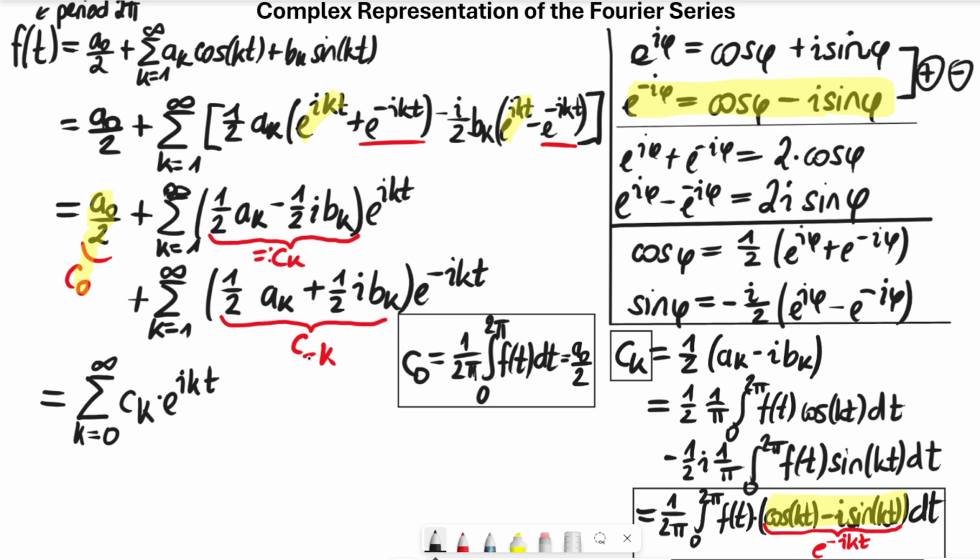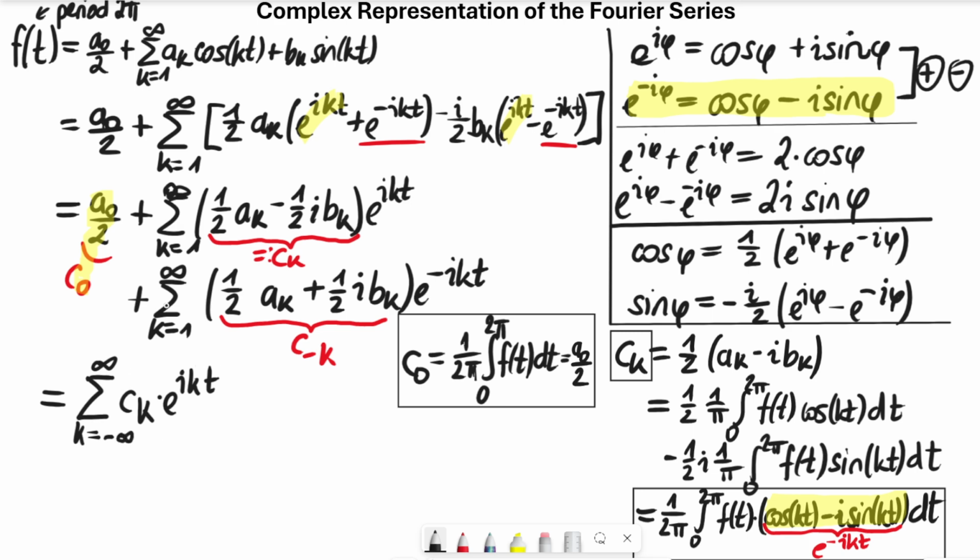So it actually goes into the negative direction. If you plug in 1, you have c minus 1, e power minus i t. k equal 2, c minus 2, e power minus i 2t. So you can simply include it in this infinite sum and say, I start here from minus infinity.